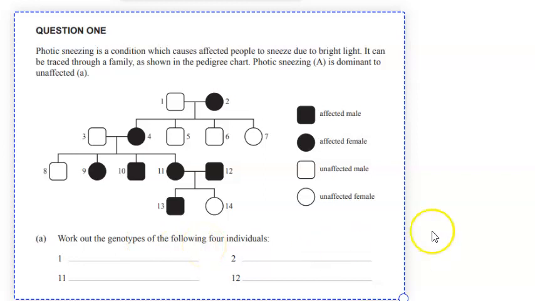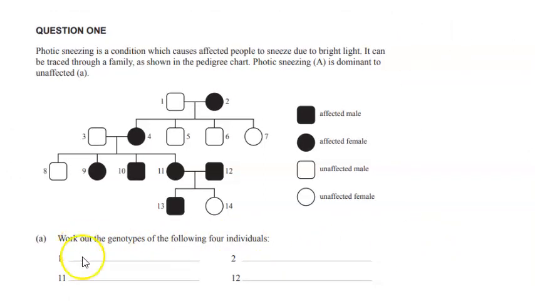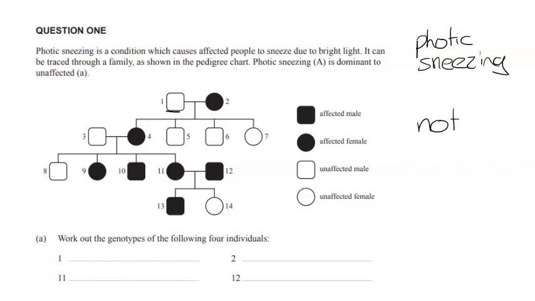So if you pause the video here, give it a go and see if you can work out these individuals' genotypes. So we're looking at number 1 first. So this genotype, we've got the phenotypes are either photic sneezing, or I'm just going to say not, to save a bit of time.